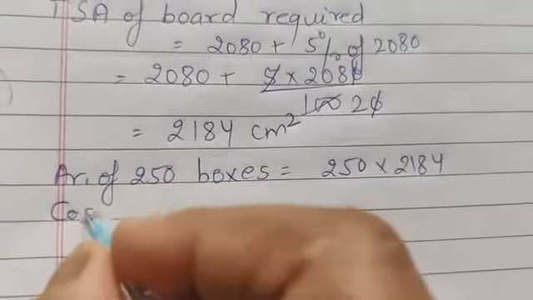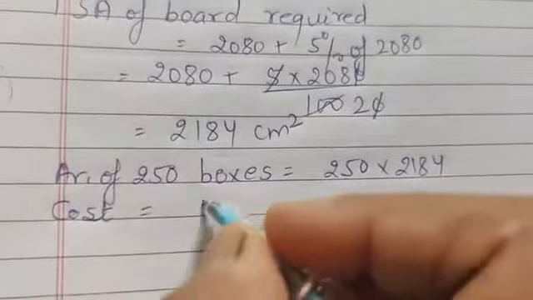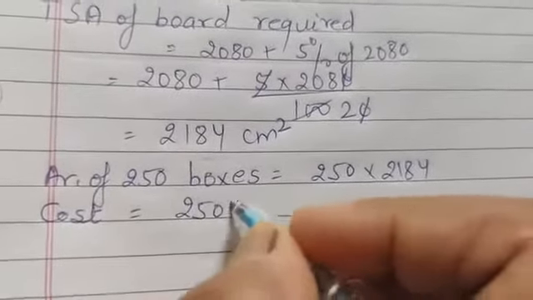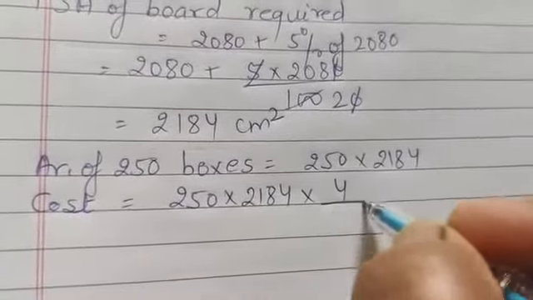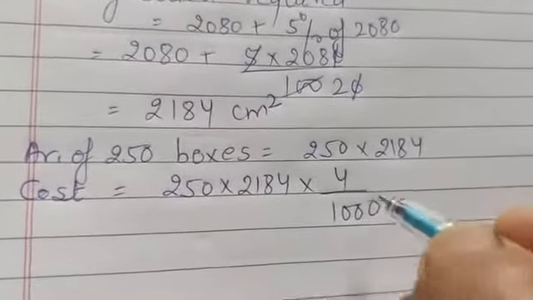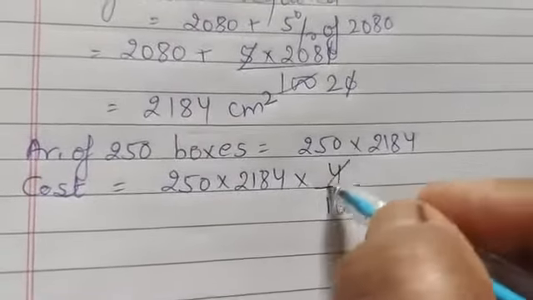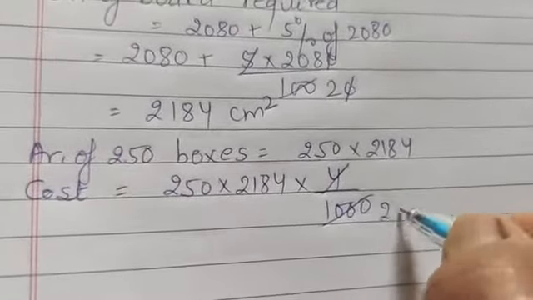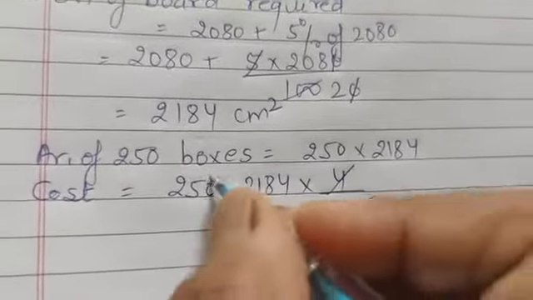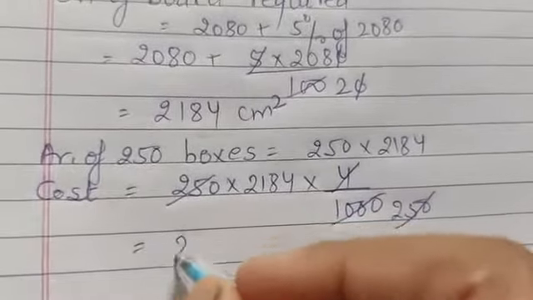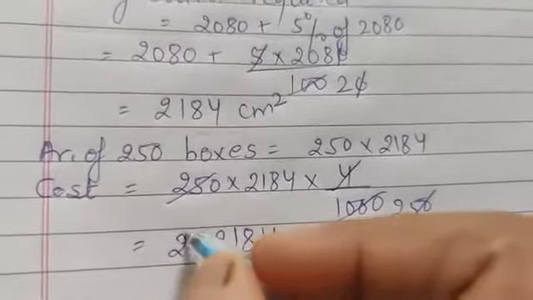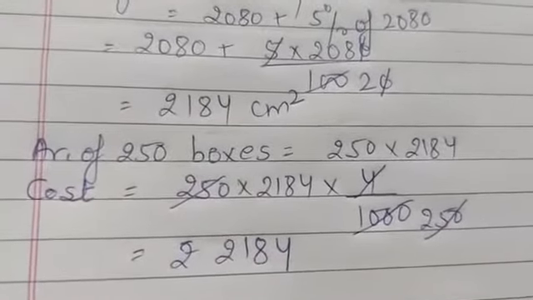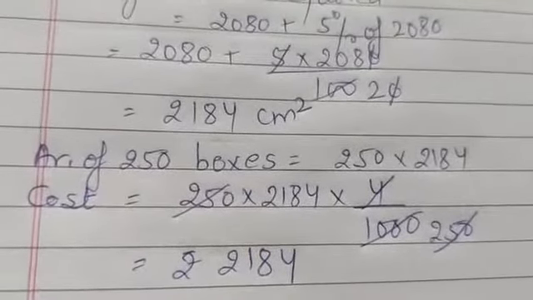Now cost of the box is, the area is 250 into 2184 and cost is rupees 4 per 1000. Now cancel 4 into 250 and 250 cancel. The answer is rupees 2184. Okay.